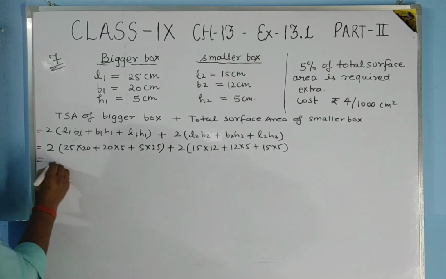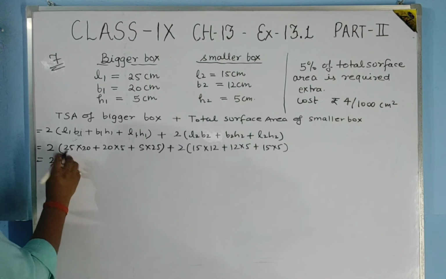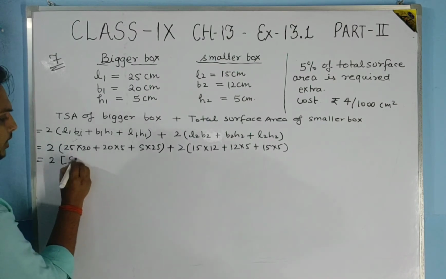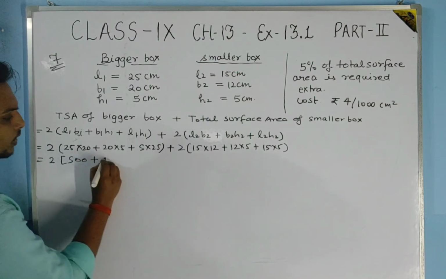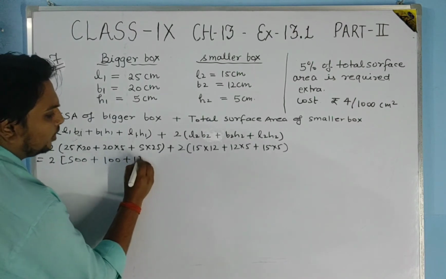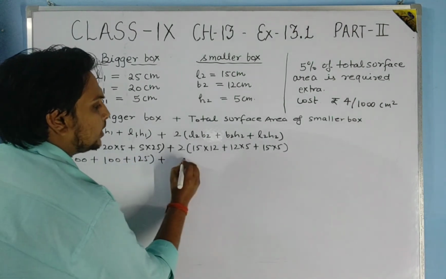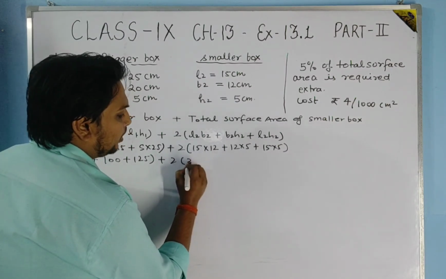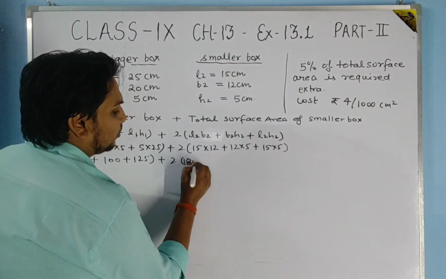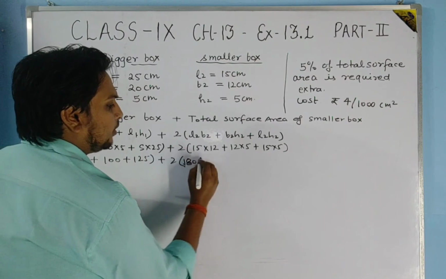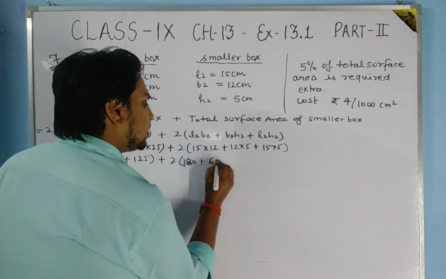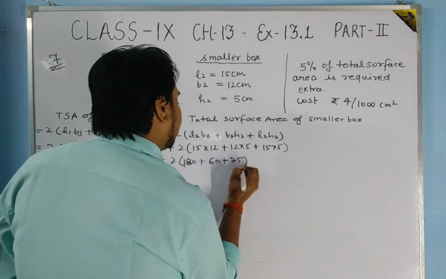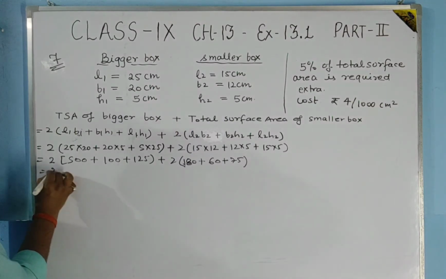So how much will it be? 2 into 25 into 20 is 500, 100 and 125, and here it is 2 into 15 into 12, 180, plus 60 plus 75. Now just solve it.